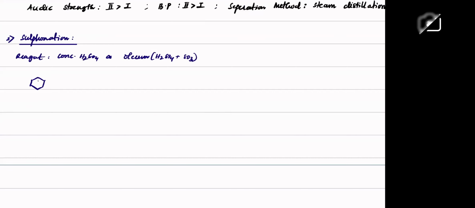In concentrated H2SO4, if you notice the mechanism, one H2SO4 will act like a base and the other H2SO4 will act like an acid. That gives us HSO4 minus plus H2O plus HSO3 plus.